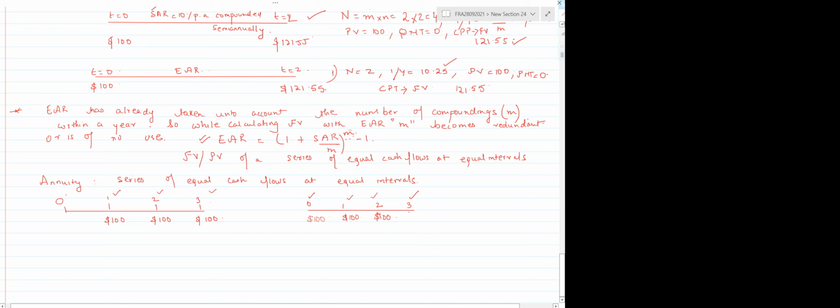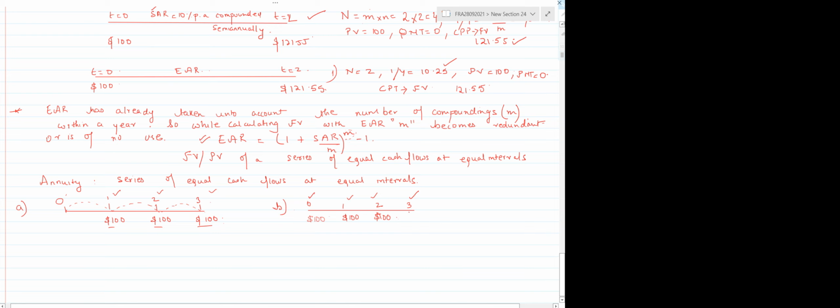Please go through the definition of annuity: series of equal cash flows at equal intervals. Is this an annuity? Yes. Equal cash flows: three equal cash flows at equal intervals, at the end of each year.